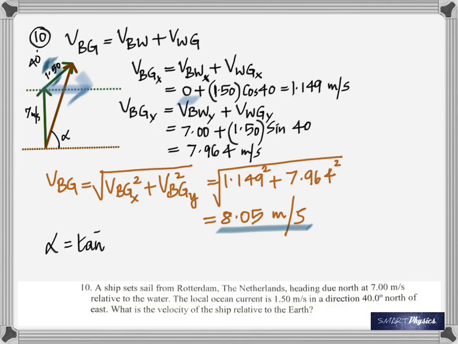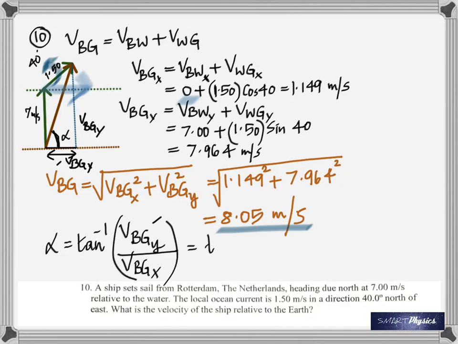And to find the angle, tan inverse of the y component by the x, and I've labeled it right now. So that would be tan inverse 7.964 divided by 1.149, which gives 81.8 degrees north of east.